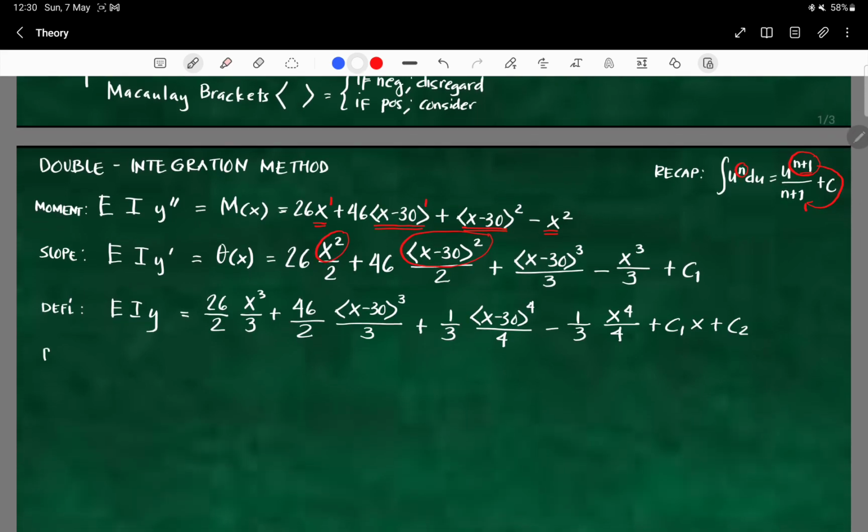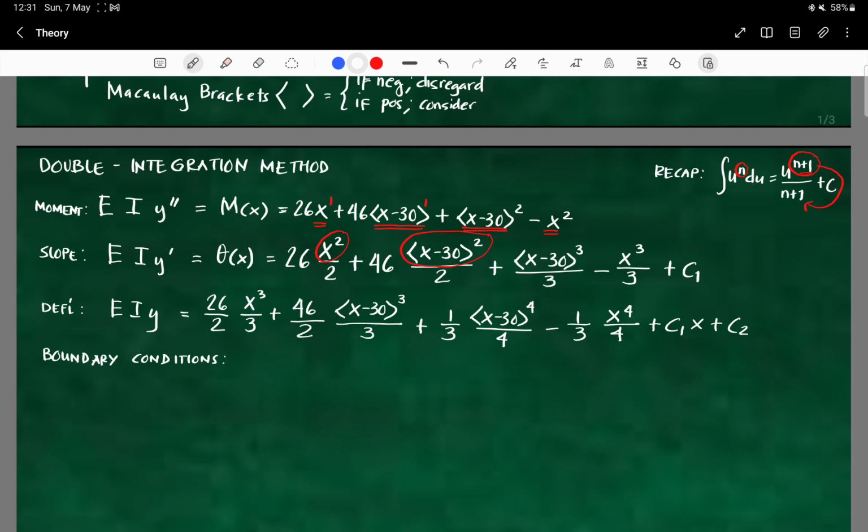So, ngayon, para ma-solve natin yung mga constant, c1 at c2, we will use boundary conditions. So, dito sa boundary conditions, usually yung ginagamit natin since sa support, walang deflection yan, lalo pag hindi provided na may settlement.